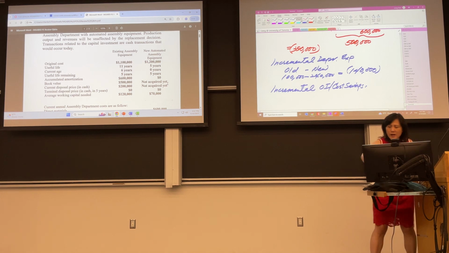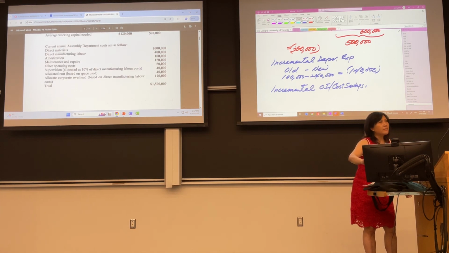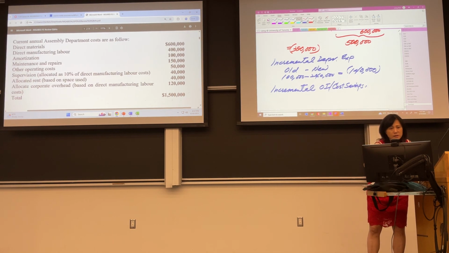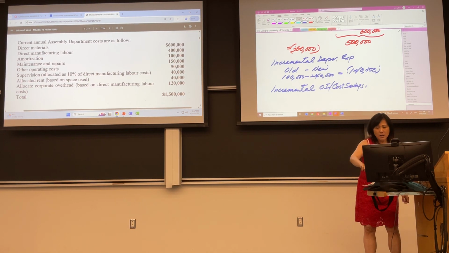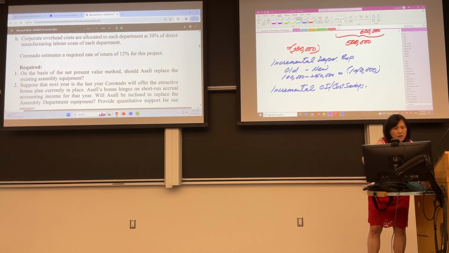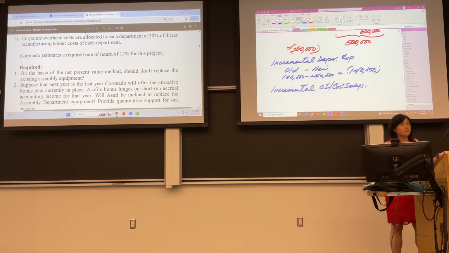So you have to look at these numbers to figure out. So you see amortization, 100,000 right here, 100,000. So what did the question ask us to do? Net present value.